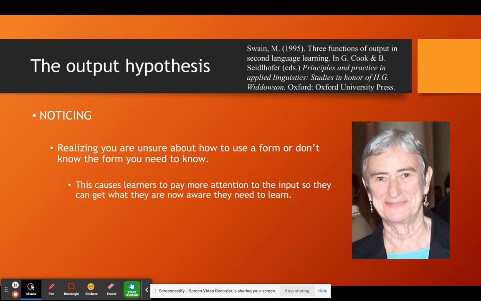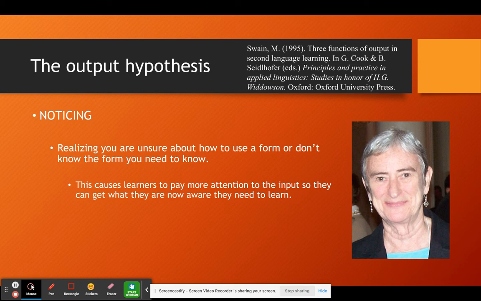Sometimes you realize that you don't know which one is correct, or maybe you realize that there's a word you need that you don't know, or that there's a grammar form and you don't really know how to use it well. Swain referred to this as noticing, or specifically noticing the gap.